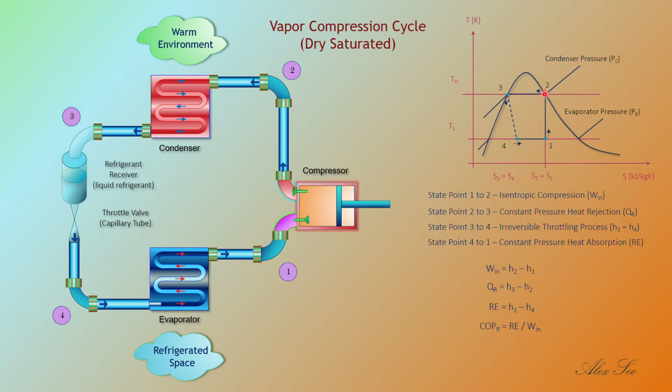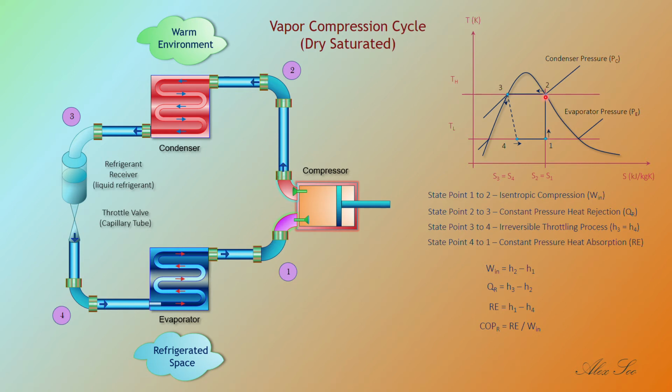We know that a compressor can only deal with a single phase, either a pump or a compressor, only a single phase. But here, point 1 is actually two phase, with liquid and vapor. So this is another limitation of the vapor compression cycle. Later on, it will bring us to the superheated vapor compression cycle.